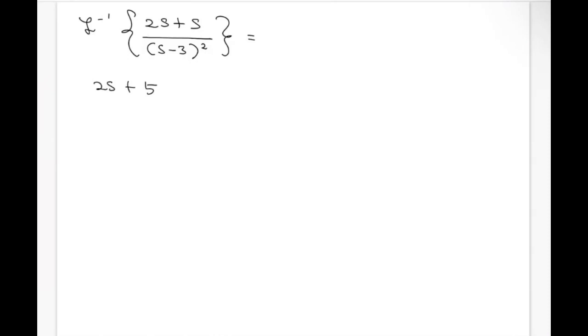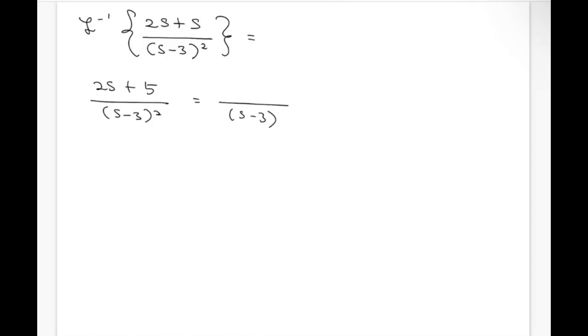So we have (2s plus 5) divided by (s minus 3) squared. Now we want to break down this partial fraction. We want to break down this repeated linear factor.